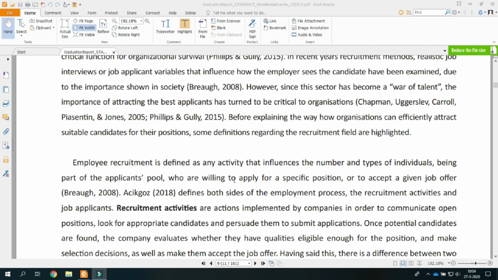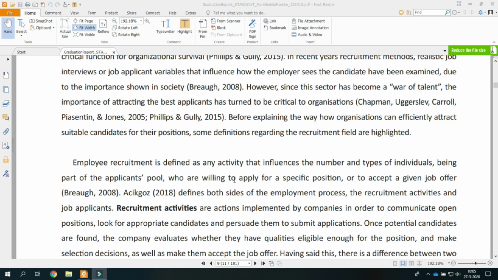So in this case, employee recruitment is defined as any activity that influences the numbers and types of individuals being part of applicants' pool who are willing to apply for a specific position. So this is not her own words, but it comes from Breyo 2008 and Equinox 2018.